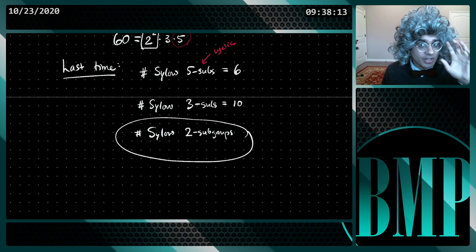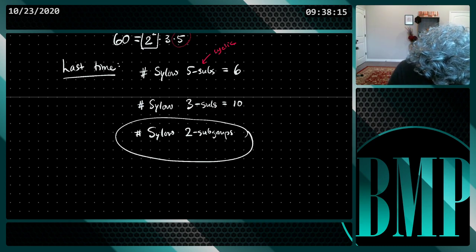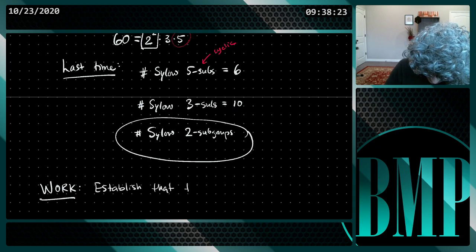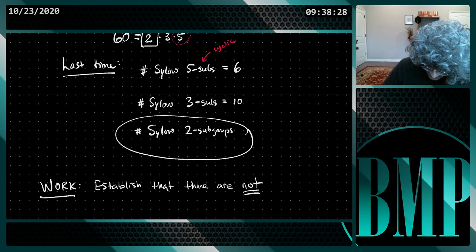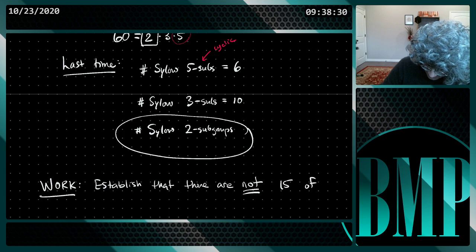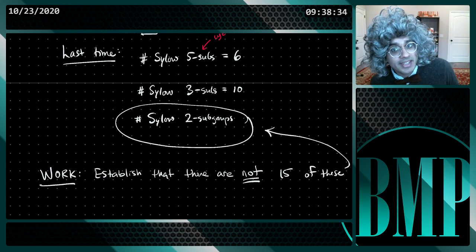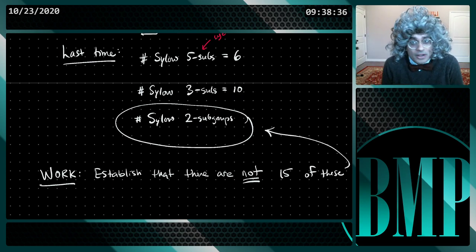The work ahead of us is to establish that there are not 15 of these. That's the only case. 15 comes out of Sylow theory.